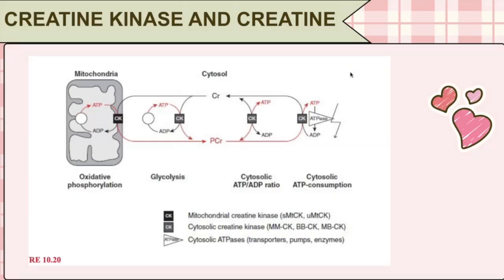The thing is, assuming someone is doing an exercise right now, for example weightlifting, the muscle cell needs energy very fast, and the way we transport ATP outside of the cell to other cells that need energy is kind of slow, like 10 to 20 seconds. So the creatine kinase and creatine system solves this issue by taking the energy and transporting it out of the cell in a way that's faster.